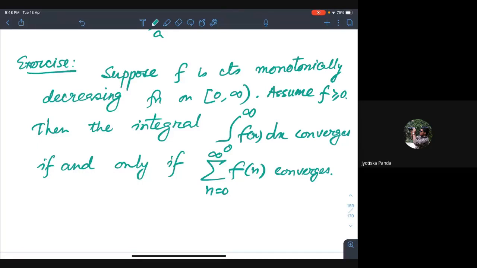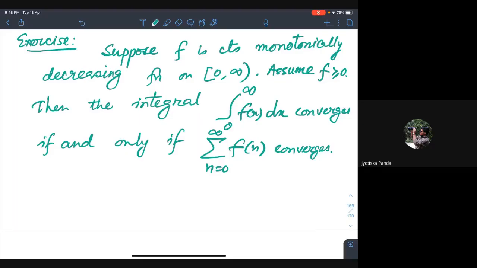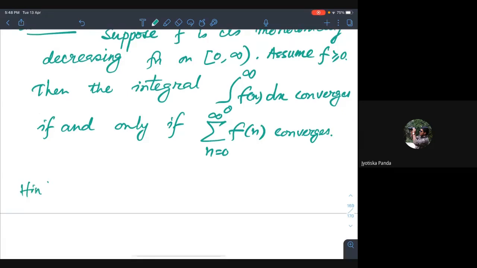Does it surprise you? Let me give a hint. The hint is that f(n+1) is less than or equal to the integral from n to n+1 of f(x) dx, which is less than or equal to f(n), right?